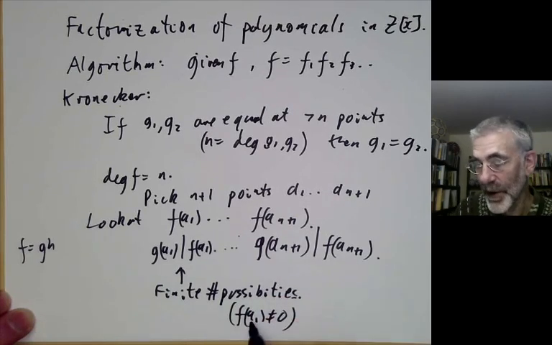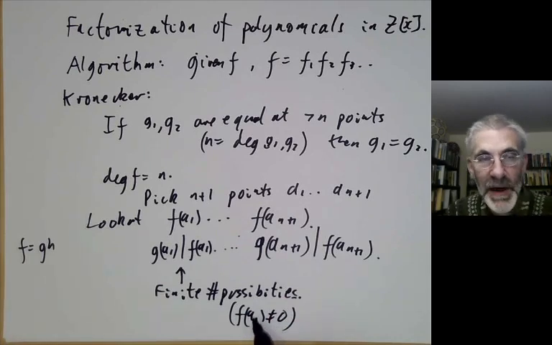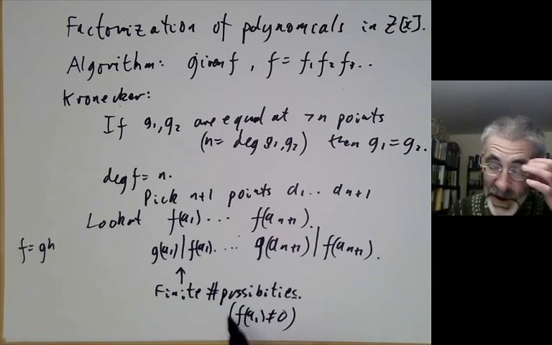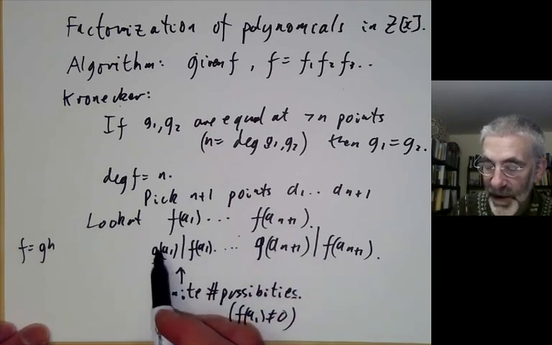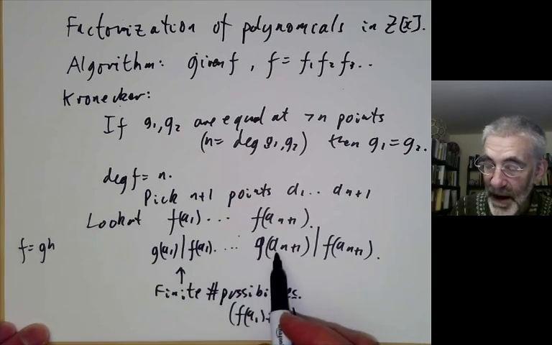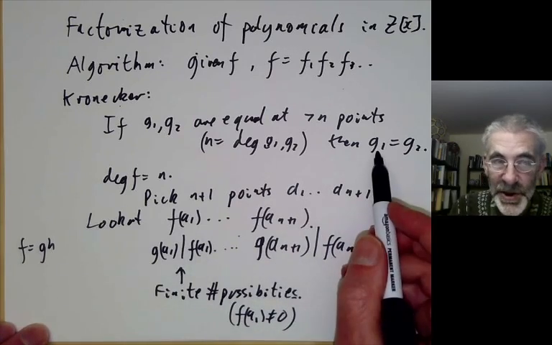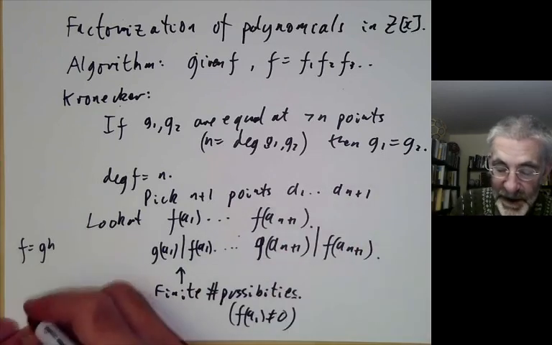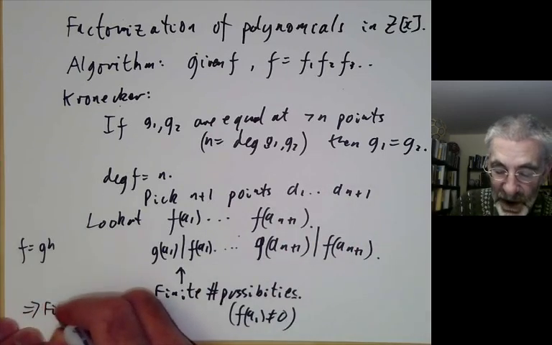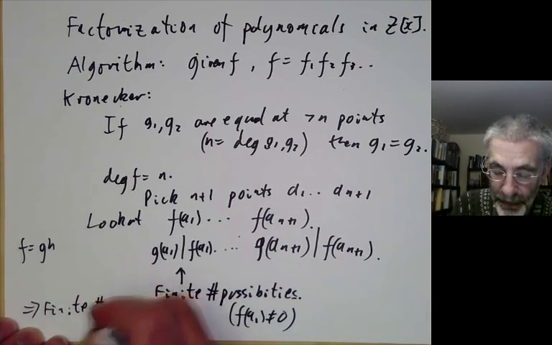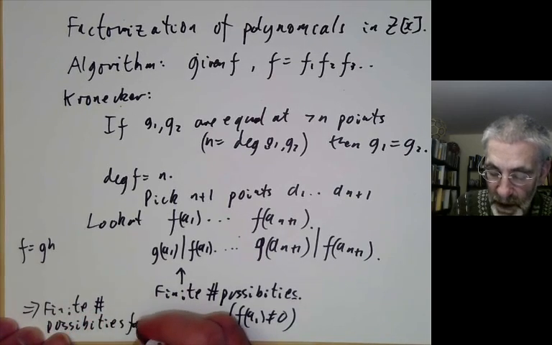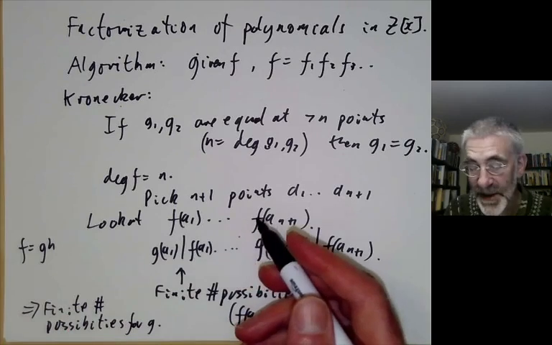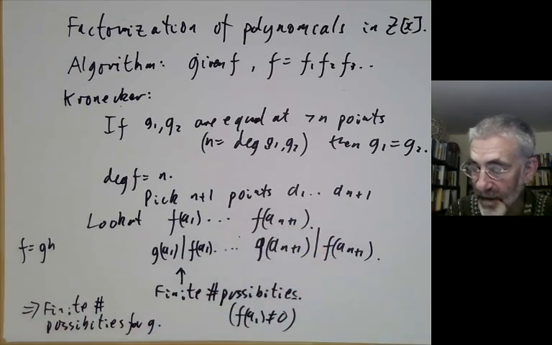Well, if f of a1 equals 0, then we found a linear factor of f, so we may as well assume that all these numbers are non-zero. So there are only a finite number of possibilities for g of a1 up to g of a n plus 1, and since these numbers determine g by what we just said, this indicates there are a finite number of possibilities for g, and we can just test each of these to see if they divide f.